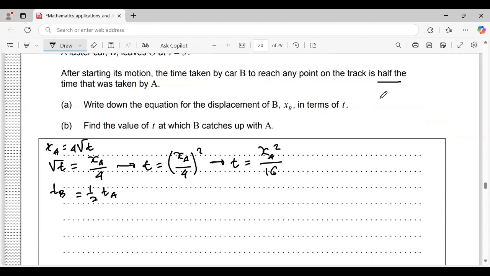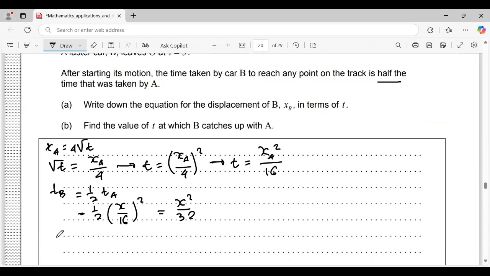So TB equals 1/2 times x squared over 16, which is x squared over 32.